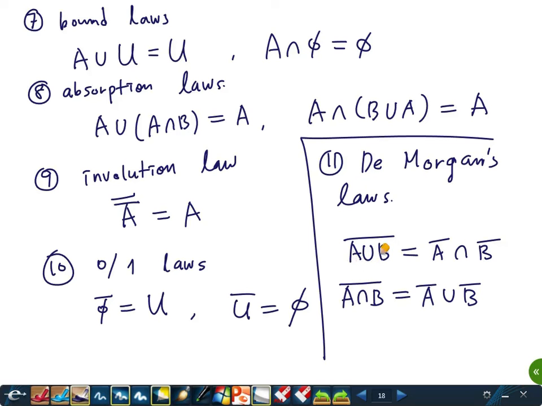This is the set of elements not in A or B. It must be out of A and out of B, because it cannot be in A or B. So if you take the complement, it is not in A, and at the same time, it is not in B. So we have to take the intersection instead of union. That's why this is changed into this. A similar argument can show the other one. So remember this. Any questions? Probably you have seen this before already.